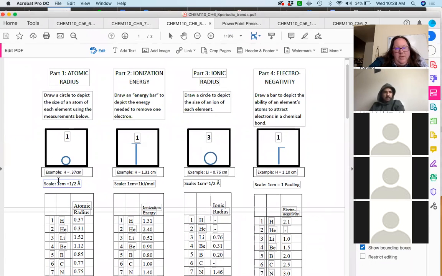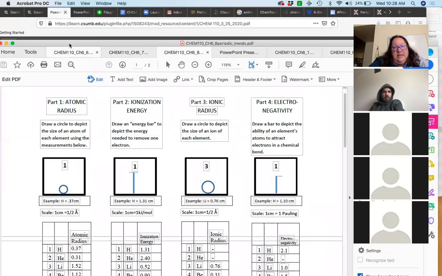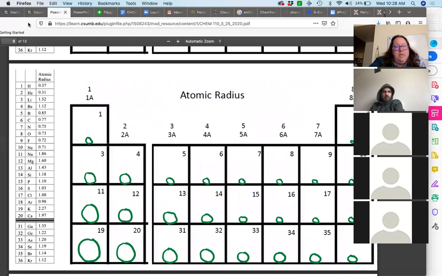So for example, if we think about our scale and the way we're representing information, our 1 centimeter is equivalent to roughly half an angstrom. So what we're doing here is modeling what we can't actually see in person with the naked eye. That's going to be super helpful, I think, as you start to think about your periodic trends.